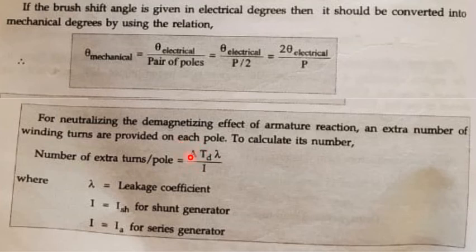The number of extra turns per pole depends on the demagnetizing effect, the number of turns, and lambda, which is called the leakage coefficient, divided by I. Here I is the field current. For a shunt generator it is called ISH, and if you consider the armature current, we can represent it as Ia for a series generator.